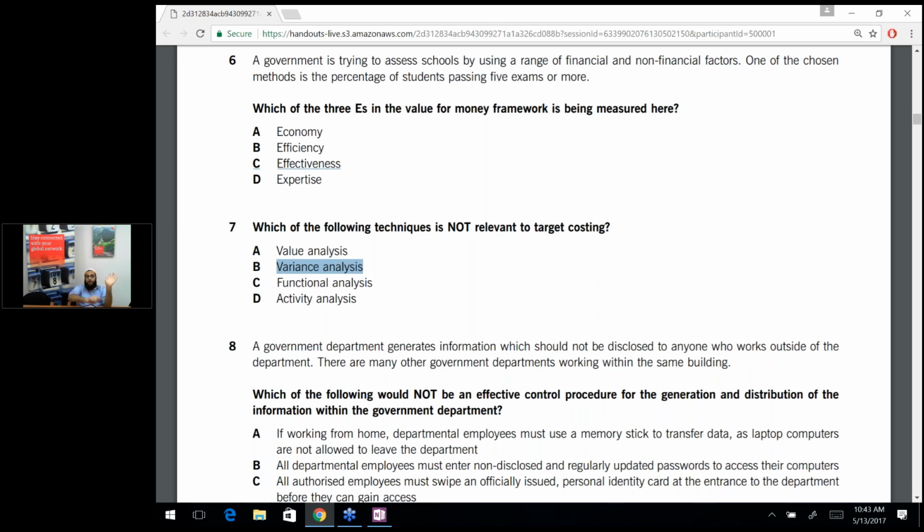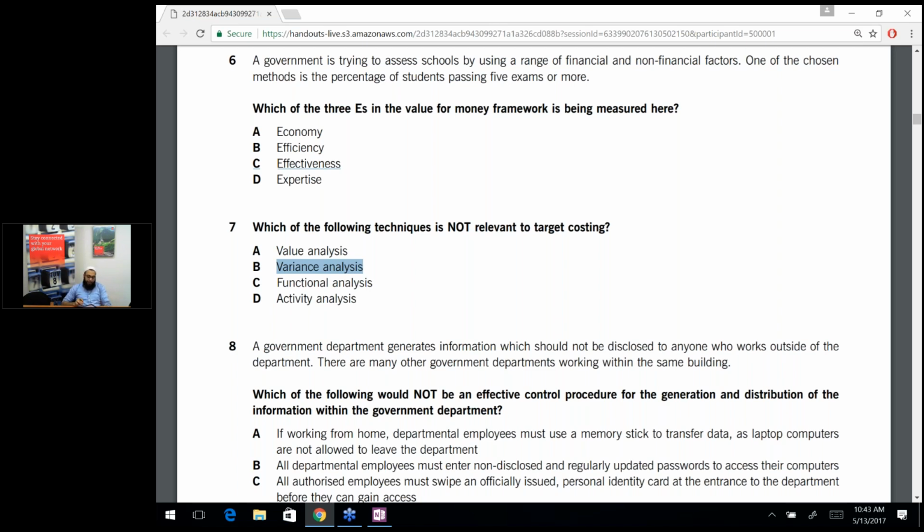And if there are no actual results, it is not variance analysis. Okay? So the purpose of the cost gap is to reduce the cost before production. I hope you liked it. Okay? So the answer is B.